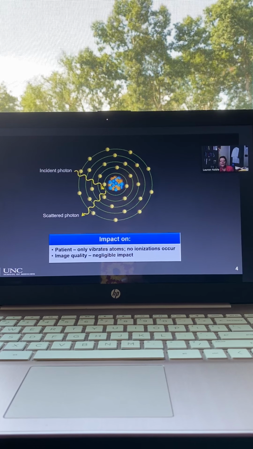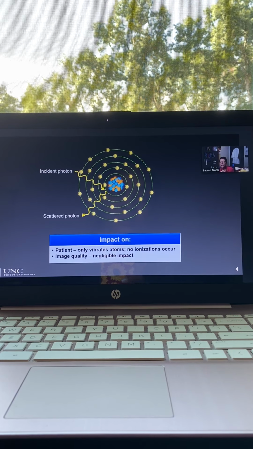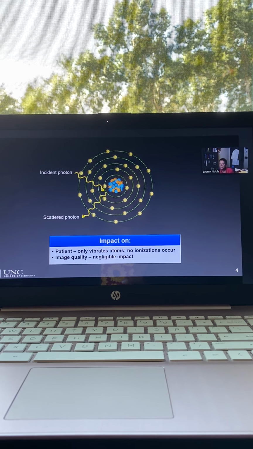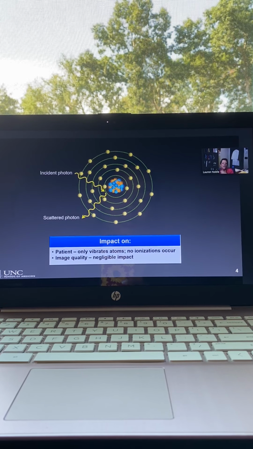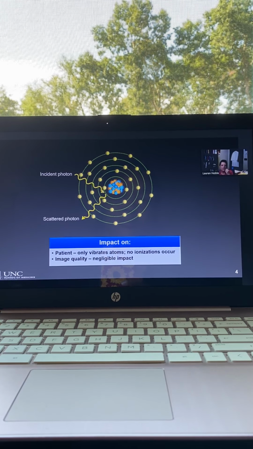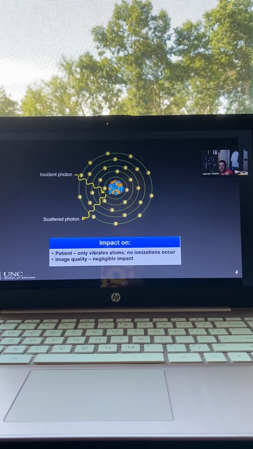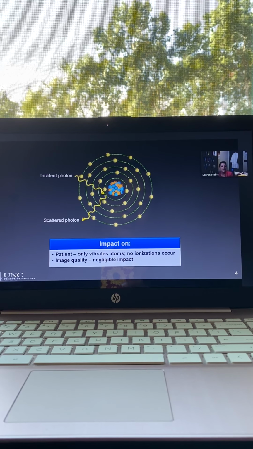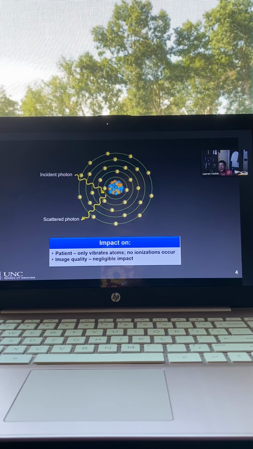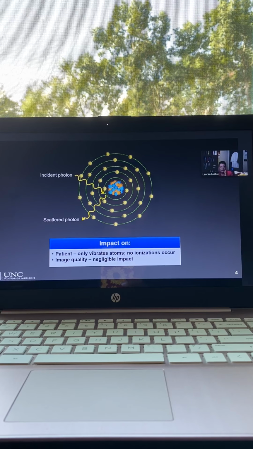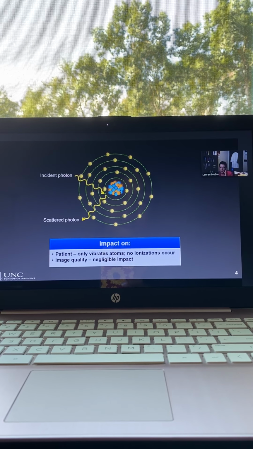All that basically happens is that the atom heats up a little bit. The photon energy essentially changes into heat, the atom vibrates, and that energy is re-released as a scattered photon, but there is no change in frequency or wavelength.